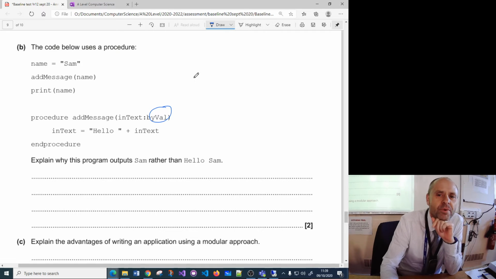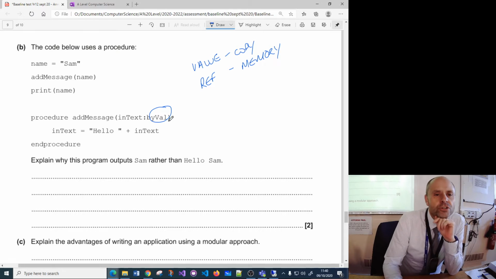We can pass parameters by value, which is a copy, or by reference, which is a memory location.